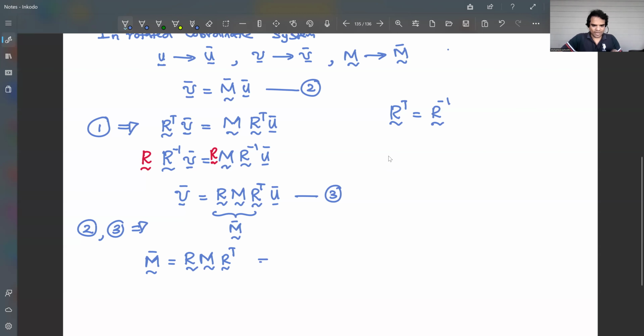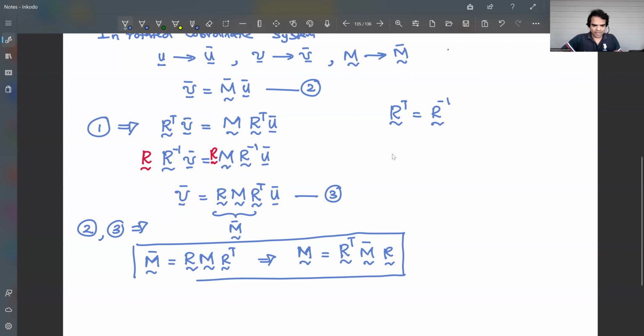Similarly, you can find M: if you multiply by R inverse here and R here, R inverse is actually R transpose, so M is R transpose M bar R. So this is the transformation rule for a matrix. If any matrix obeys this transformation rule, we define it as a second order tensor.